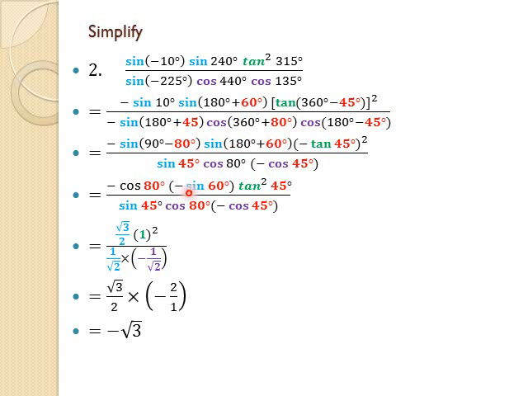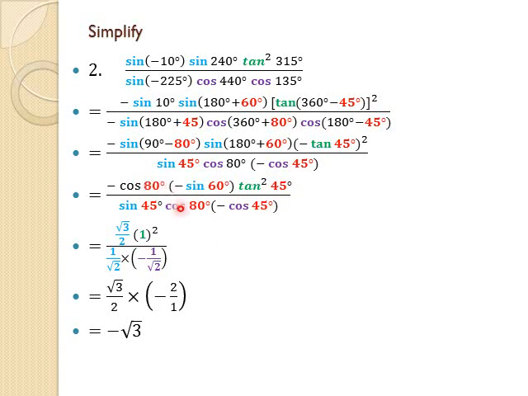The third quadrant sine is negative, so that becomes negative sine 60. There squared, negative times negative becomes positive, gives me tan squared 45. There's sine 45, cos 80, and that stays negative cos 45.